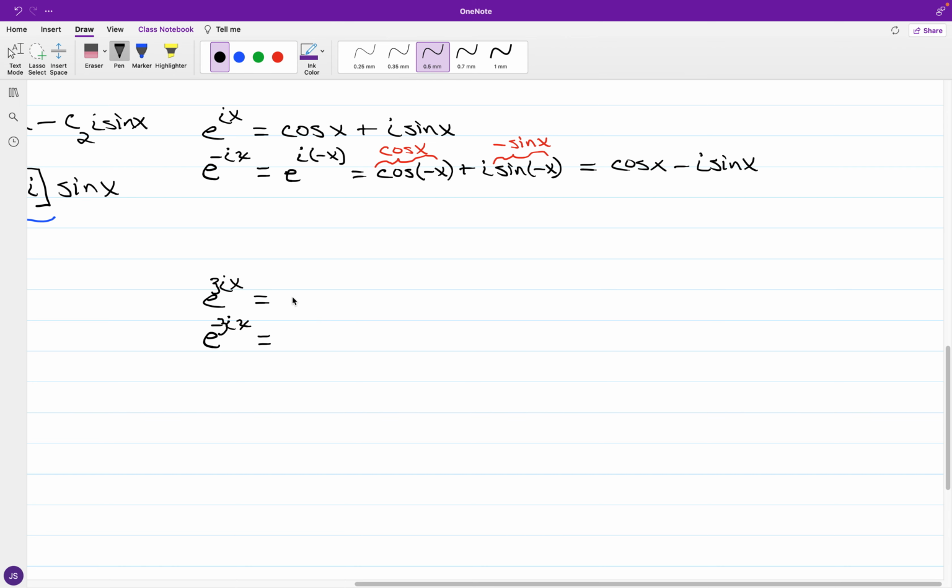I can just rewrite this as e to the i times 3x. You notice with the Euler equation, I'm projecting x on out to 3x.